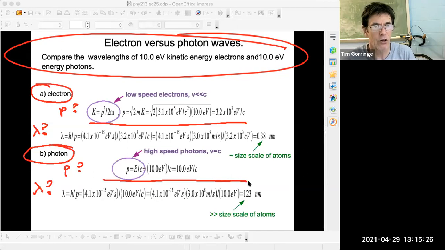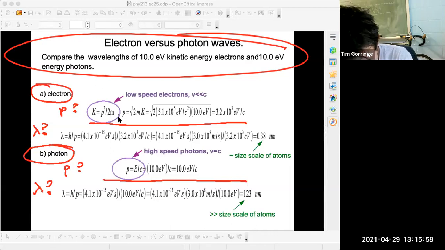It's a non-relativistic electron, and so we use non-relativistic equations from physics 211 to calculate the electron's momentum. When I come to the photon, which is traveling at the speed of light, I'll have to use the relativistic equations relating momentum and energy from physics 213 to calculate its momentum.